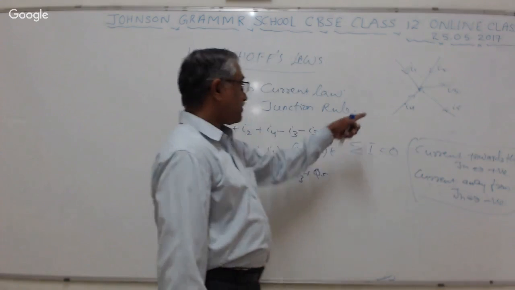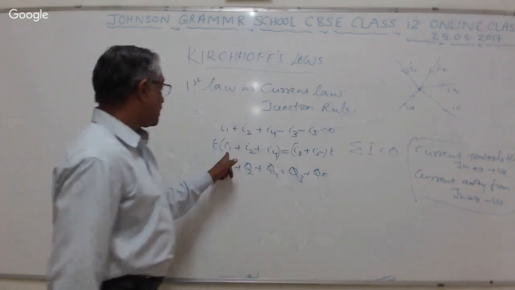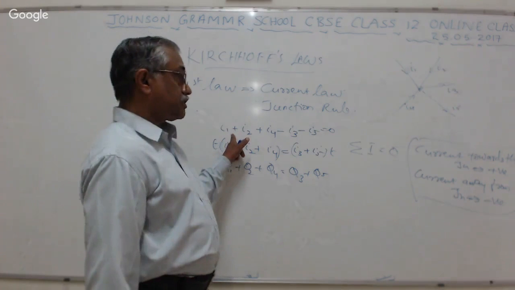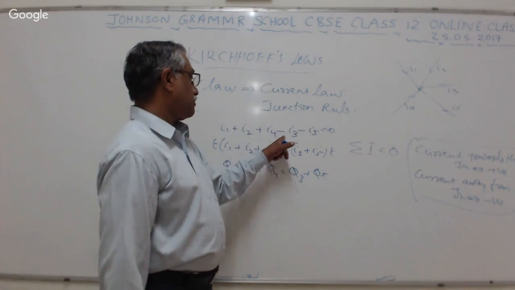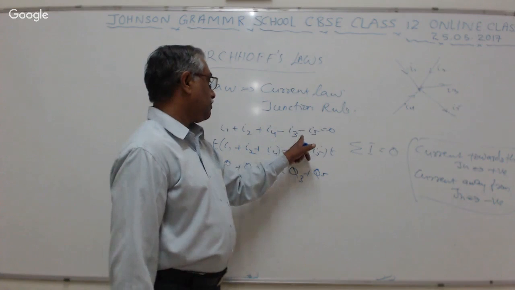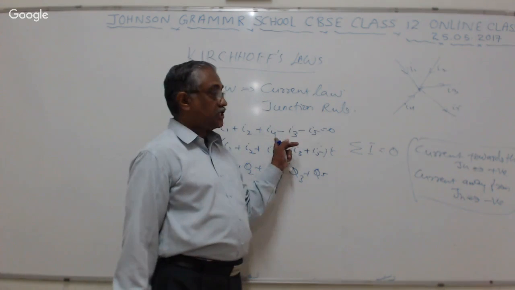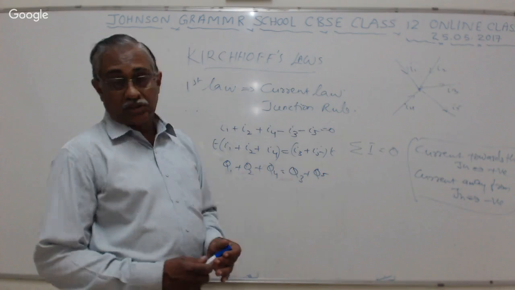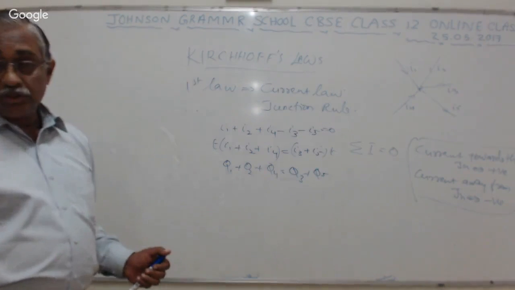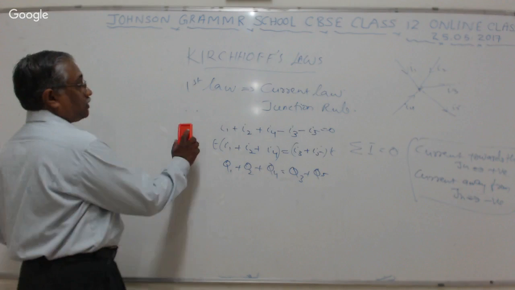So I1, I2 and I4, coming towards the junction, are positive, minus I3 minus I5 is equal to 0. Or we can say the total current coming to the junction is equal to the total current going away from the junction. So this is Kirchhoff's law or junction rule.